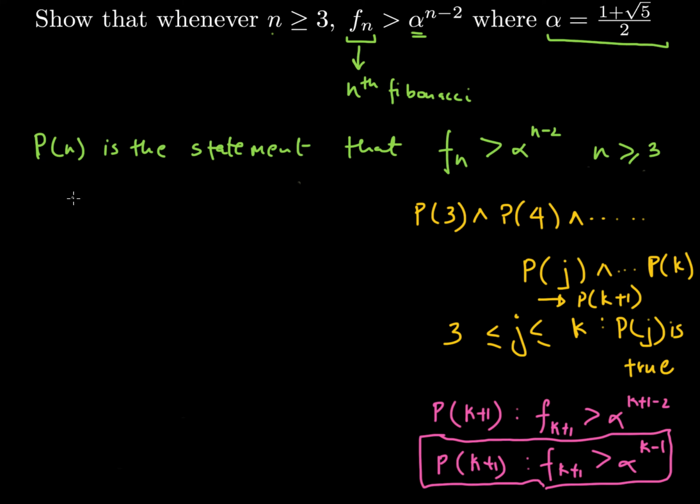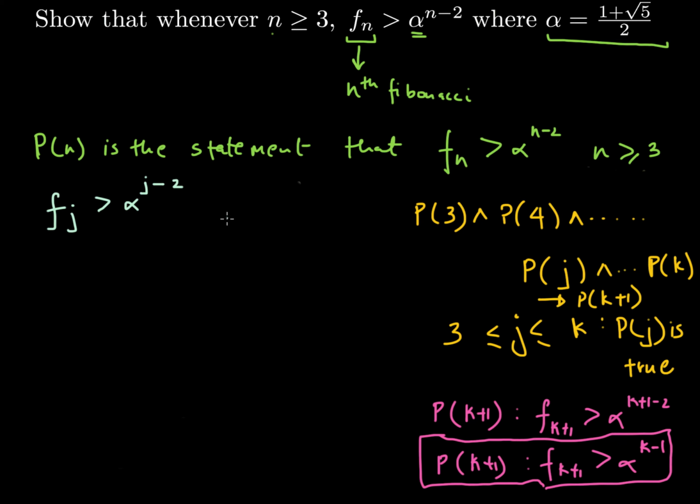And what I'll show now is, because I know that for all j's between 3 and k, for some arbitrary k out there, all of these propositions P of j are true, I know that the following inequality, f of j is greater than alpha to the power of j minus 2, is true. Okay, so I just looked at my proposition, replaced the n with a j, and I'm making sure my j is between 3 and k, so I know this is actually true here.